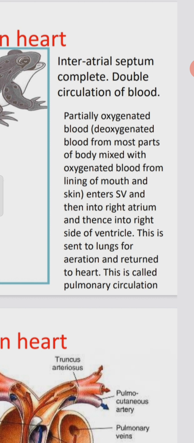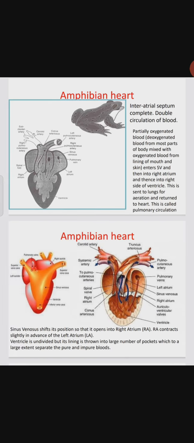This is sent to the lungs for aeration, meaning oxygenation, then returns to the heart. This is called pulmonary circulation. So in the case of the amphibian heart, pulmonary circulation is there.